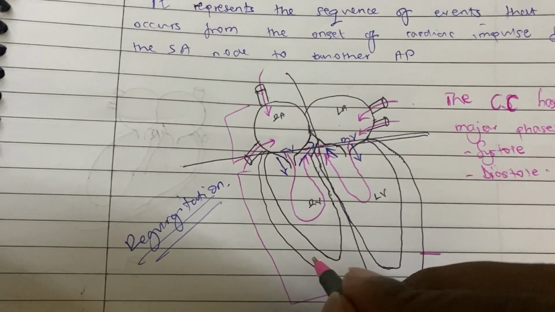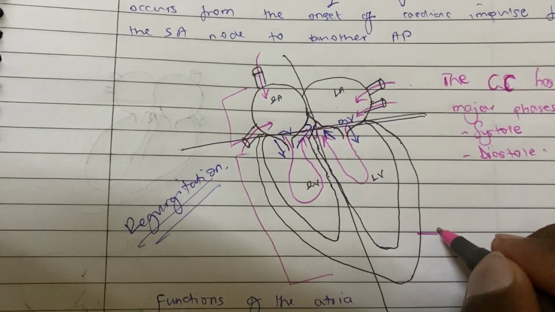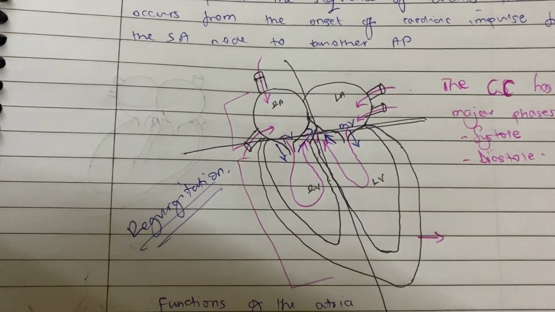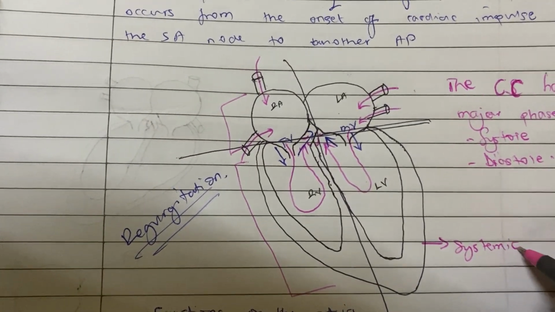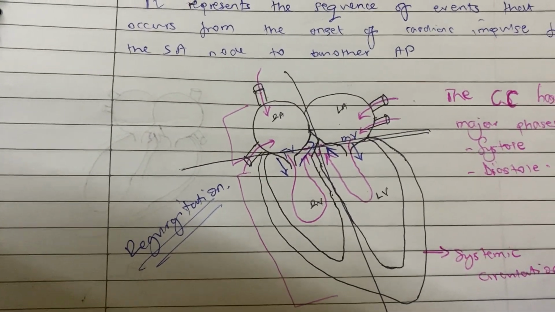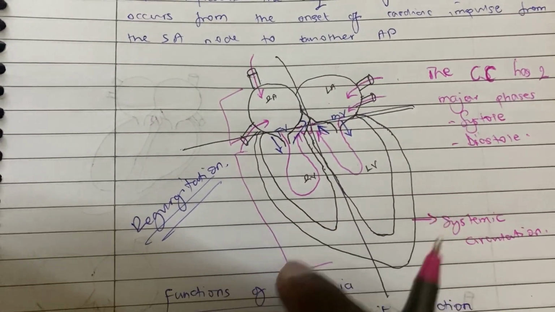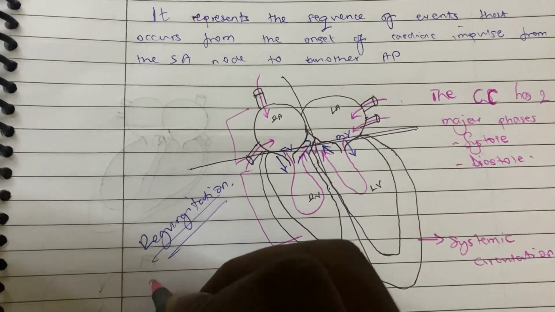This one is also important, but the most important is the left side. Why? Because the blood from the left side goes to the entire body, systemic circulation. This one is important, but not as important as this one. So this one is pulmonic circulation.